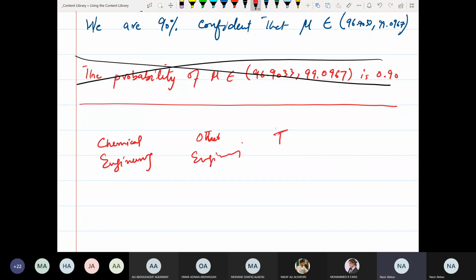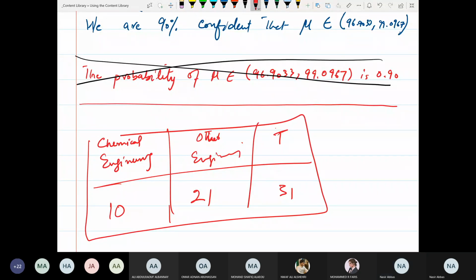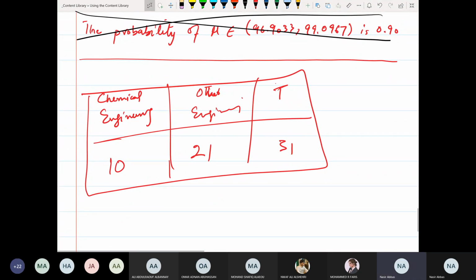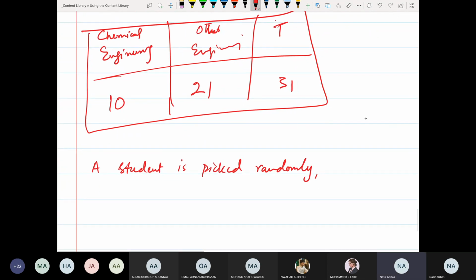Let us say total I have 31. From chemical engineering I have 10, and the remaining 21 are from other engineerings. Go back to chapter 2. If I pick a student randomly, what is the probability that the student will belong to chemical engineering? Probability that the student belongs to CE, this is 10/31. I can talk in terms of probability.